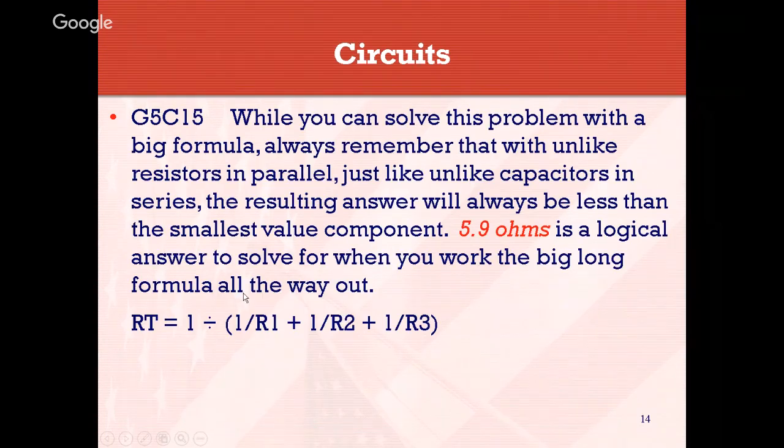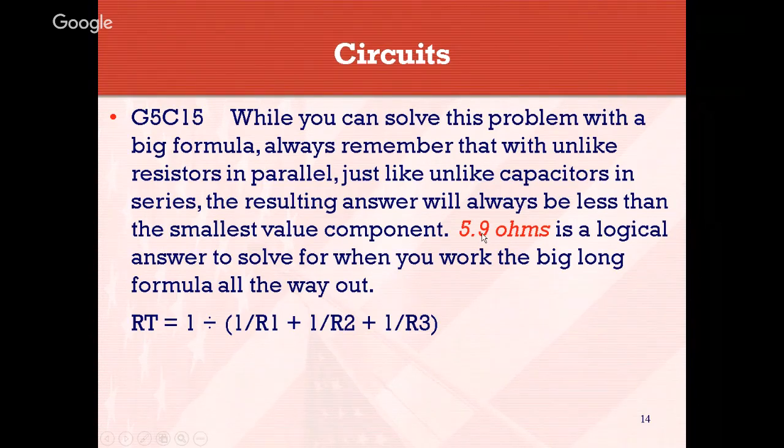So the 10 ohm resistor, let's say that's R1, you're going to divide that into 1. You're going to take the 20 ohm resistor and divide that into 1. You're going to take the 30 ohm resistor and divide that into 1. You're going to add all these together and you're going to come up with 5.9 ohms predominantly.